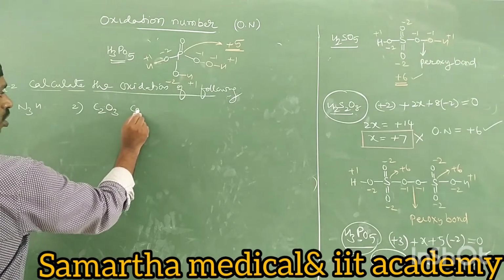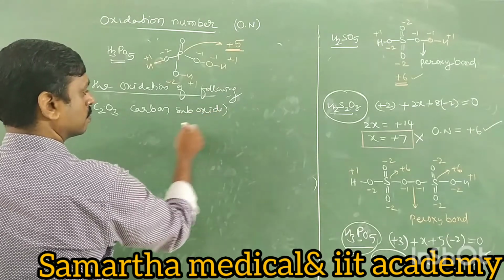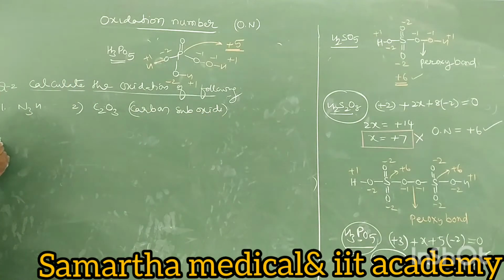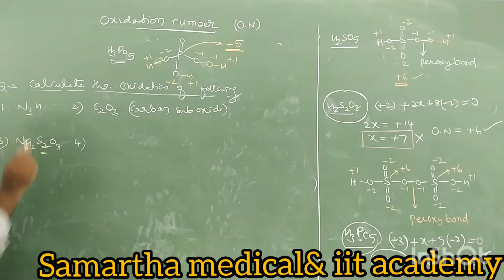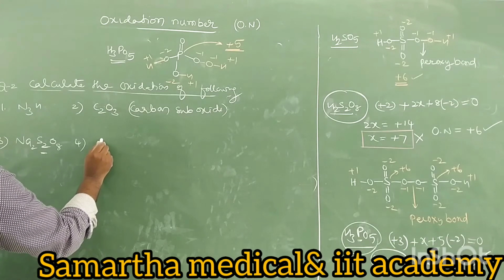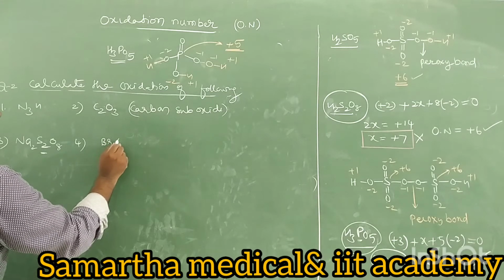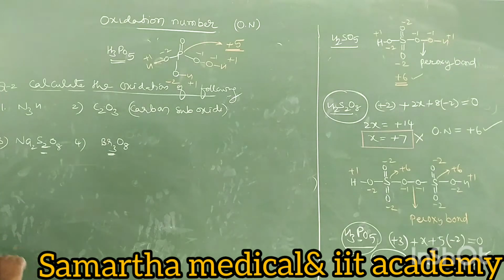C2O3, it is called carbon suboxide. Three, Na2S2O8. Four, Br3O8.